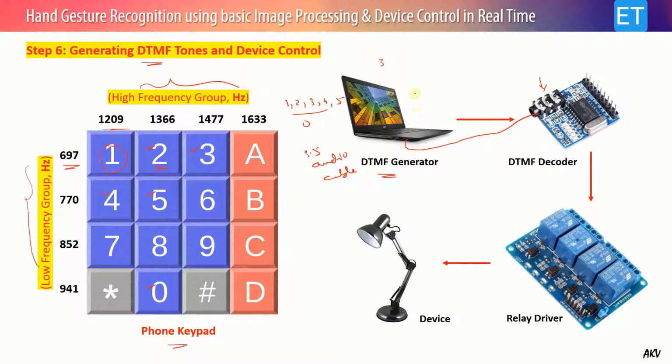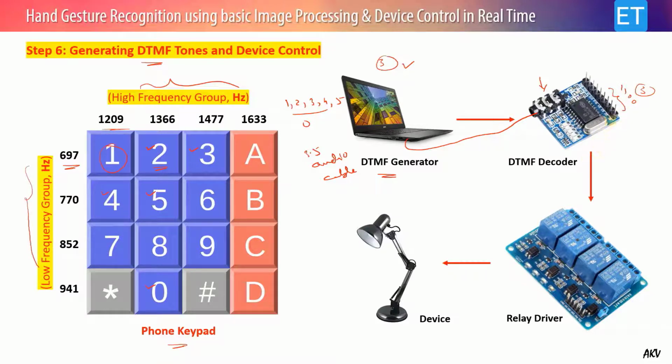So if I press 3, or the number of fingers is identified as, let's say, 3, then the corresponding DTMF tone will be played, and this DTMF decoder will give the corresponding digital output at the output pins. It will give 0, 0, 1, 1 for decimal 3. That is a binary equivalent.